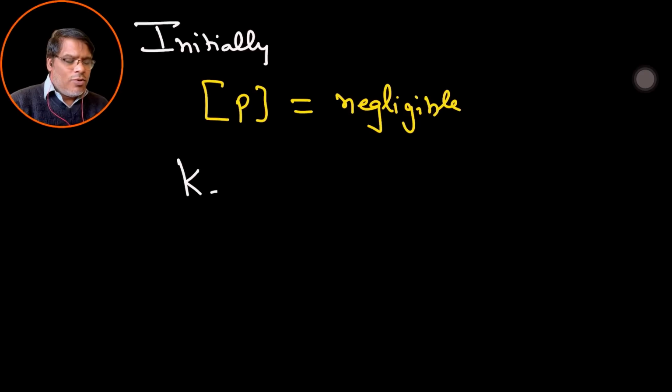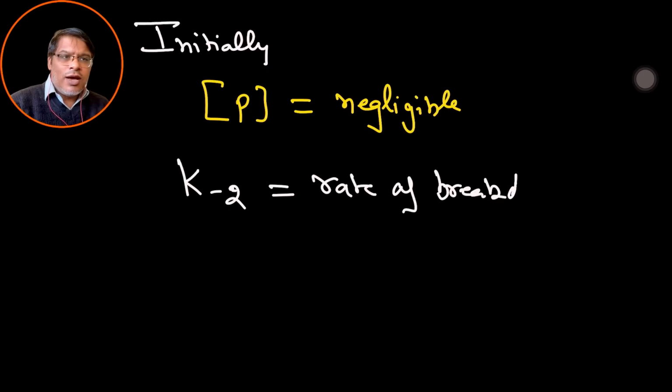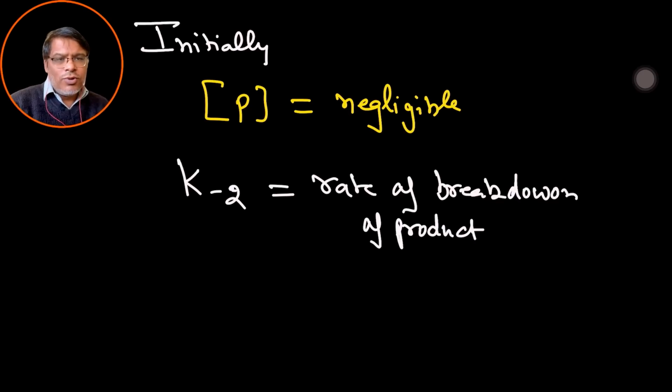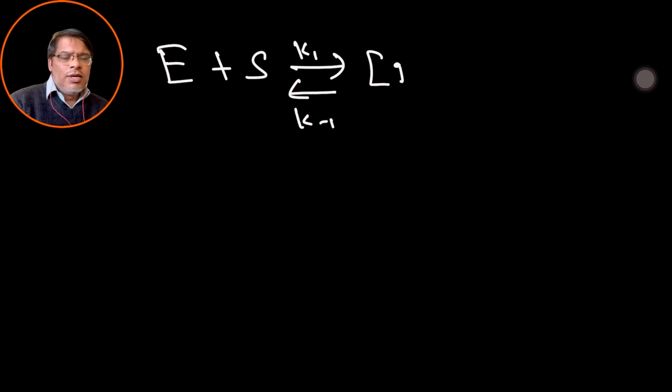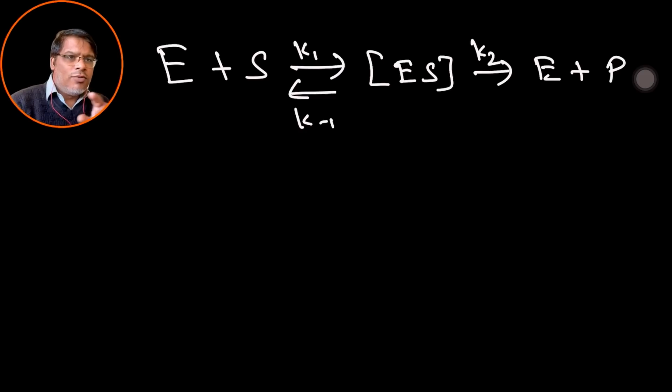So here you can ignore K minus 2, the rate constant for the breakdown of product. We are going to ignore this K minus 2. Now our whole equation can be modified in this way. We have written it this way, ignoring the value K minus 2.